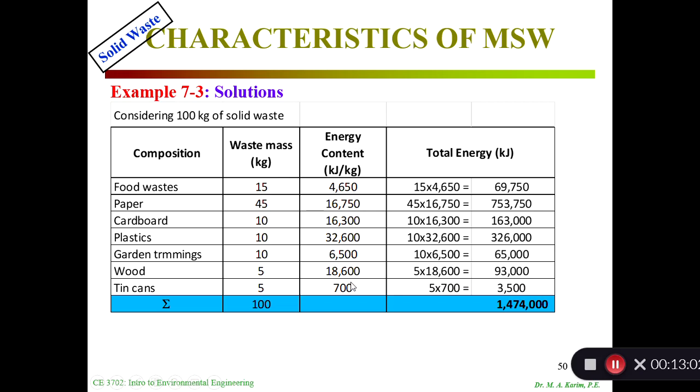Then these values I got from the table. As I said, the table is not shown there, but probably in the future I'll show it. The total energy would be kg times kilojoule per kg. If I multiply these, kg cancels out to become kilojoule. If I do that, I get 1,474,000 kilojoule for 100 kg of waste.